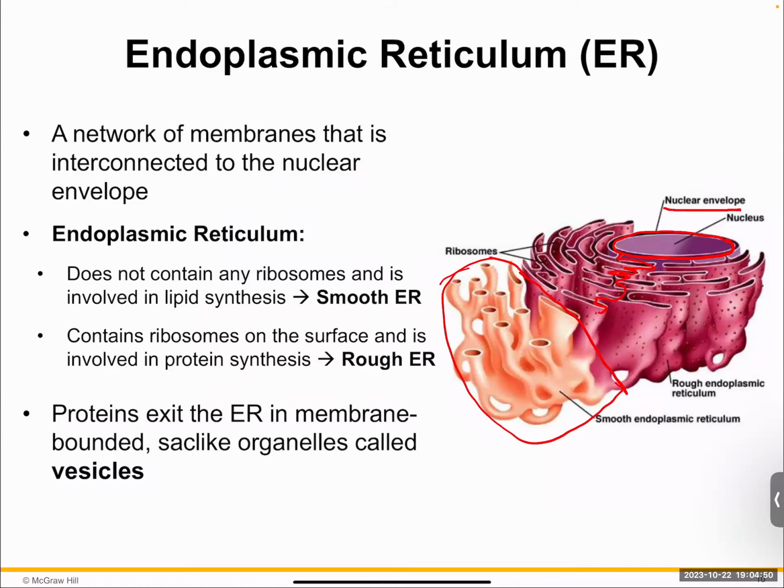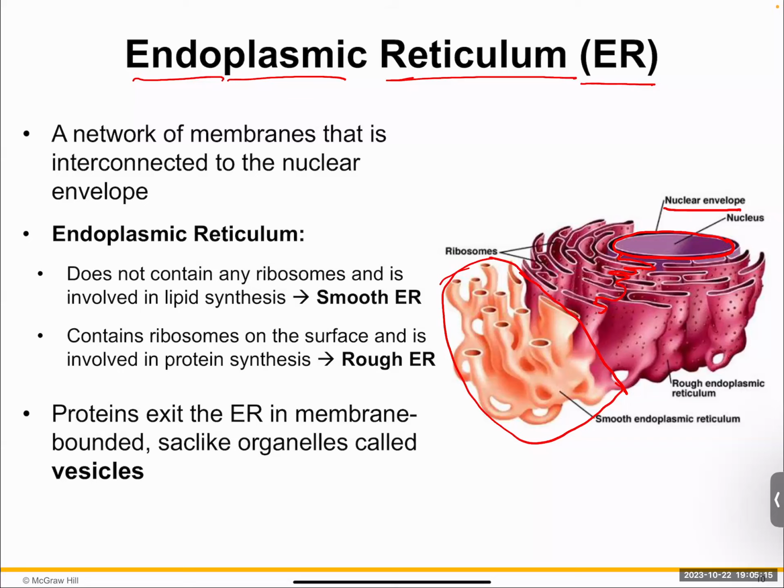So there's two segmentations. Now, they kind of look like a labyrinth to me, but however you're gonna remember it. This structure, regardless of the color, so red or orange, they are identified as endoplasmic reticulum, shorthand ER.